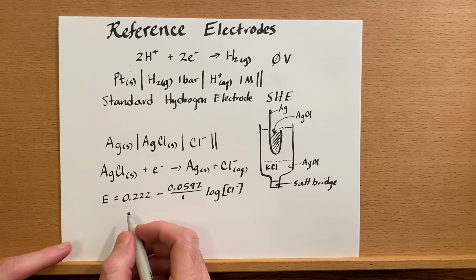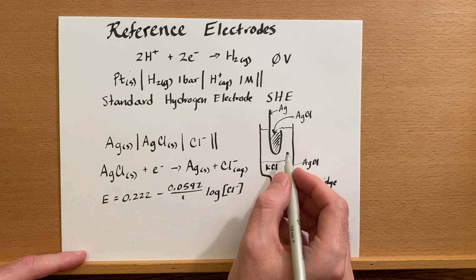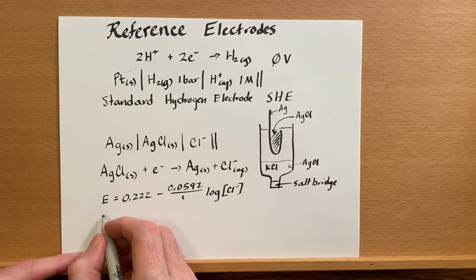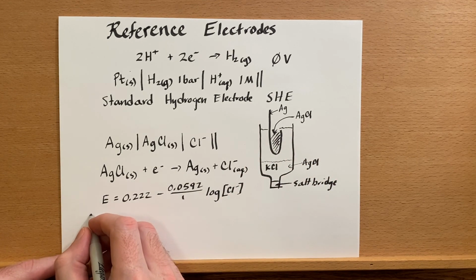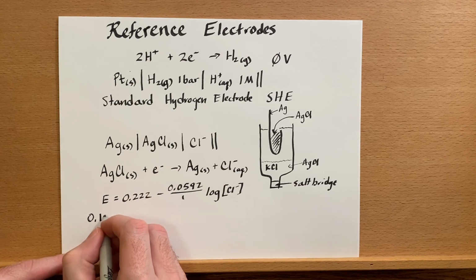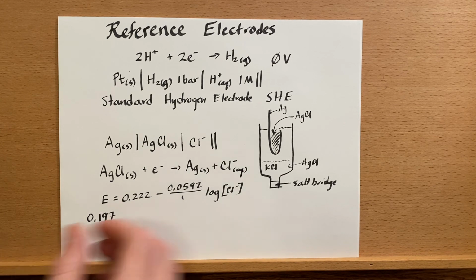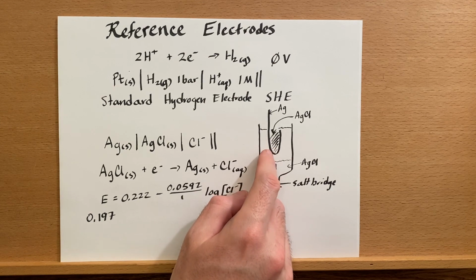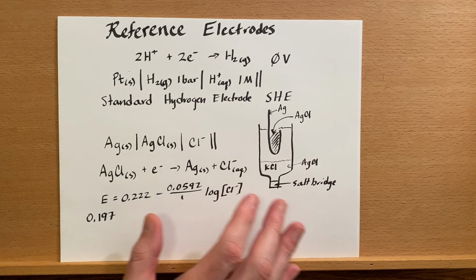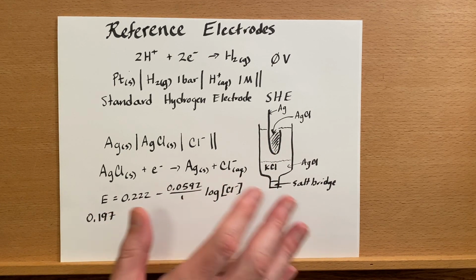Now, in the case of a saturated solution of chloride, this electrode actually has a potential of 0.197, and it will stay at that potential, assuming that you don't do wild things like run a lot of current through this electrode. It's not designed to run a lot of current through it.